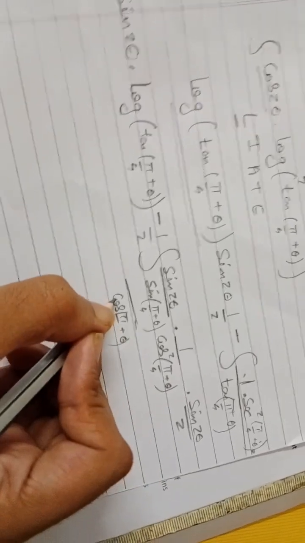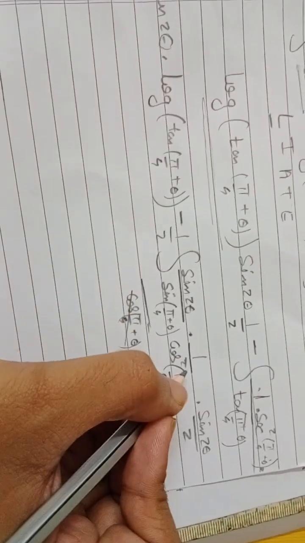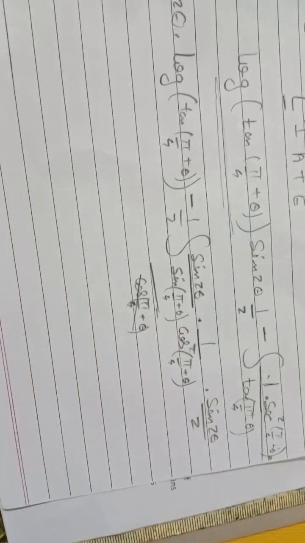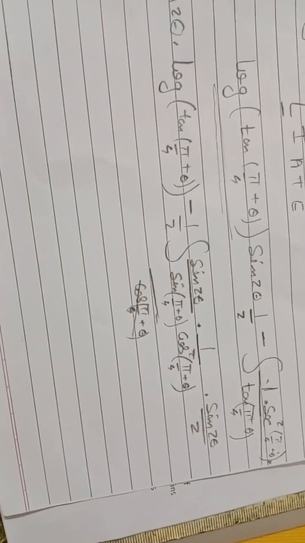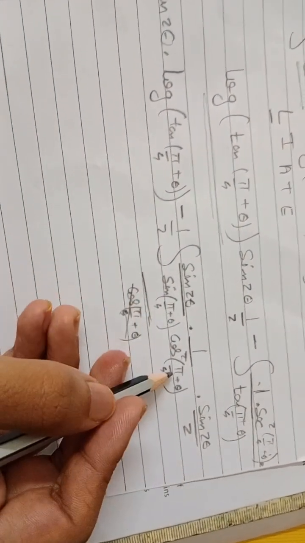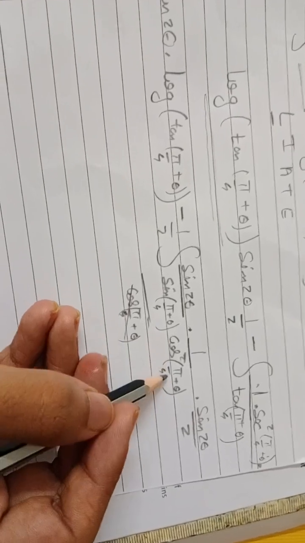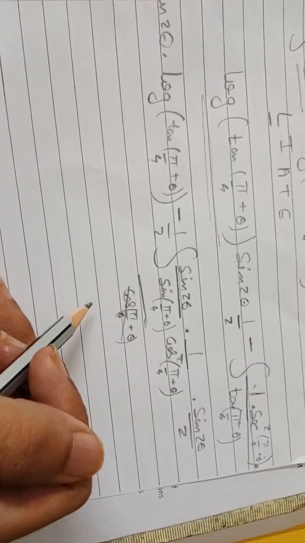So we can see the cos square and this both get cancelled, and we are left with sine of pi by 4 plus theta into cos of pi by 4 plus theta.